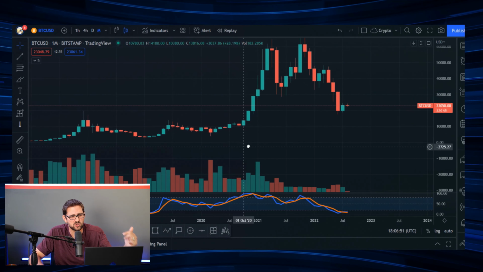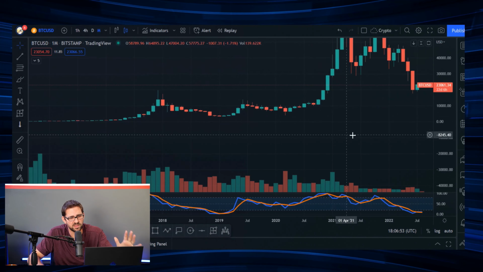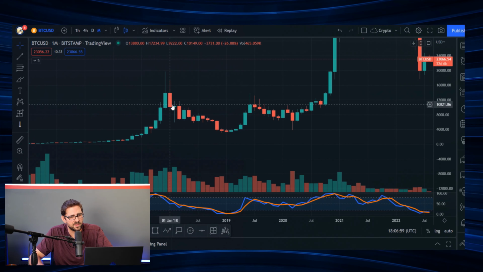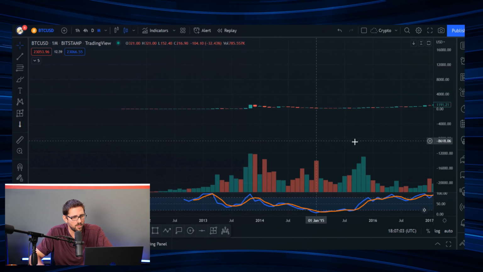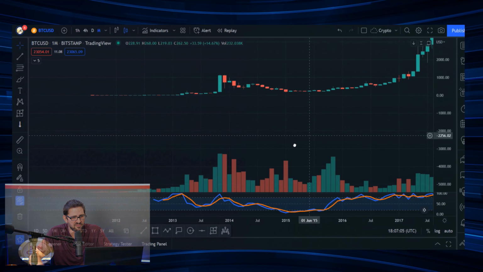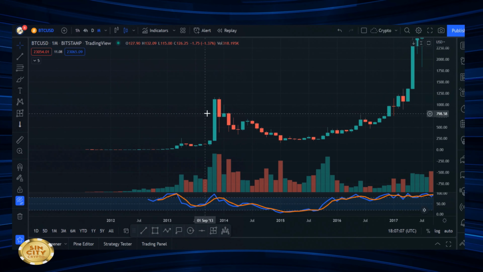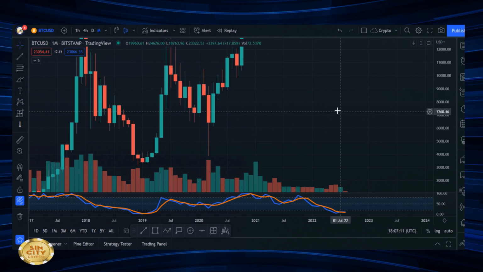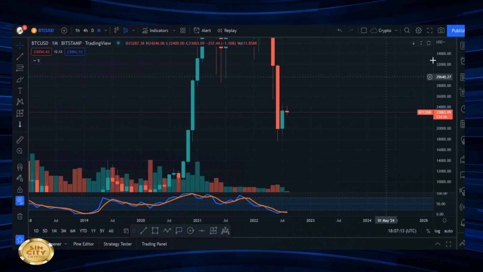If I remove these drawings, and this is, by the way, the Bitcoin monthly chart. If you go through any bear market, okay, you'll have one big red month, and then you'll have some green, big red, green, big red, green, okay? We go back here, same thing, back in 2014. Red, green, red, red, red. And then look at what happened to us during this market cycle, okay?